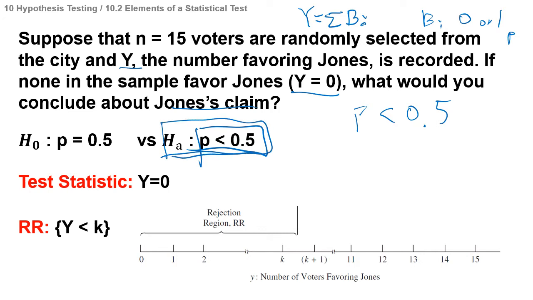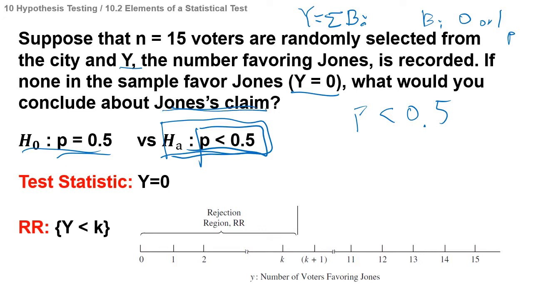If we don't know anything, probably we would assume that P equals 0.5, just like a balanced coin. So our null hypothesis is P equals 0.5, and our alternative hypothesis is our investigator's belief, which is Jones' claim.